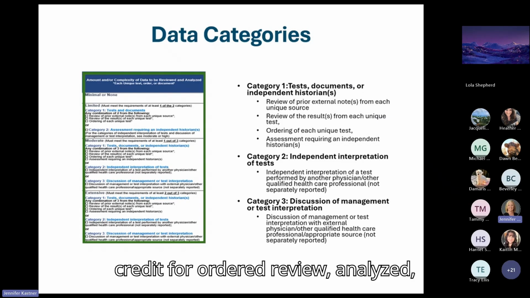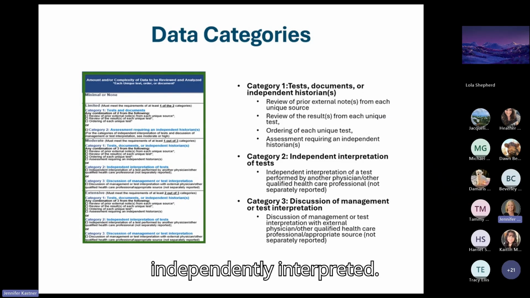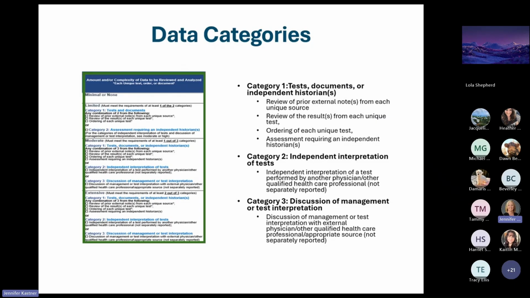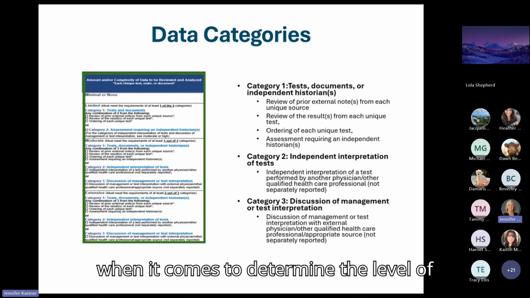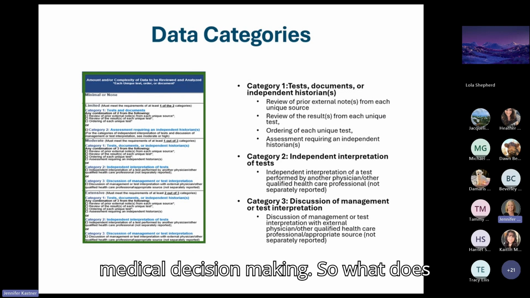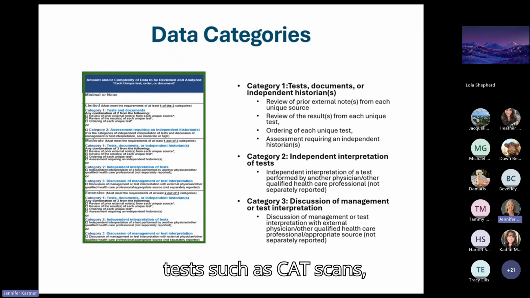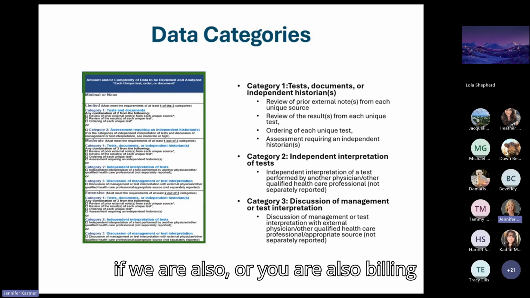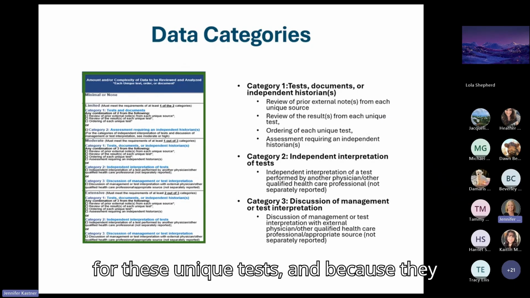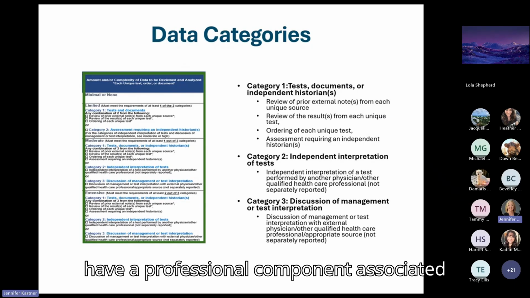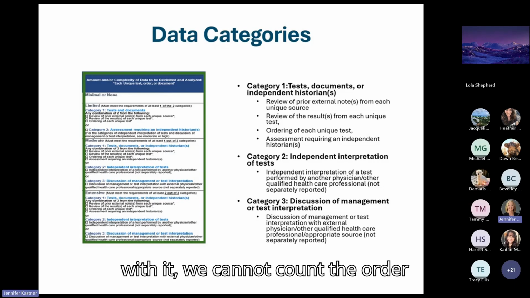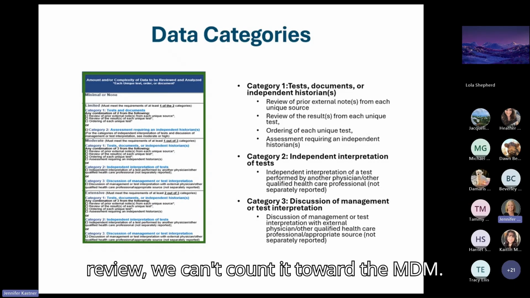We can't give them credit for ordered, reviewed, analyzed, or independently interpreted when determining the level of medical decision making. So what does that mean? This means that when ordering tests such as CAT scans, VNGs, or audiology tests, if you are also billing for these unique tests, because they have a professional component associated with them, we cannot count the order or review toward the MDM.